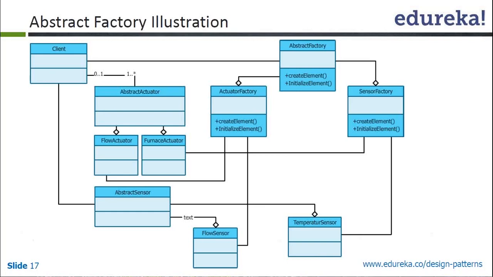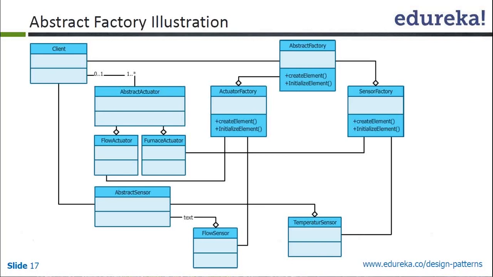So Abstract Factory allows you to generate the particular category of classes. In this case, an actuator for cement factory will always be generating the flow sensors or the weighing sensors for the cement factory, whereas the pickle factory will have a different kind of sensors or actuators.